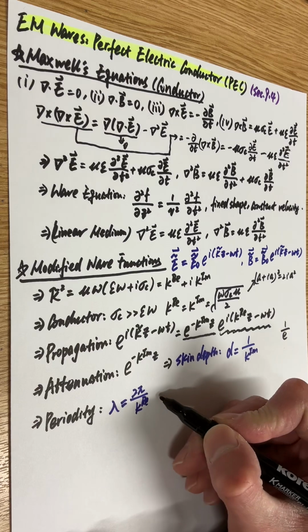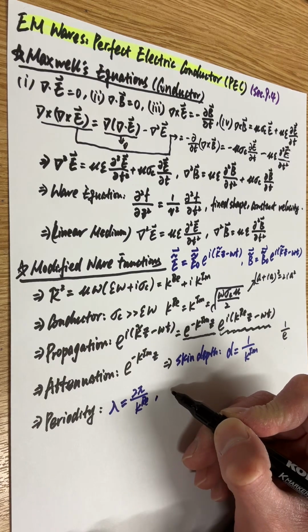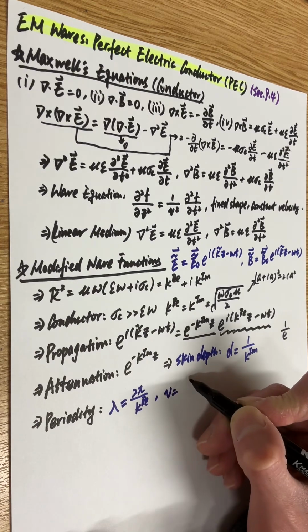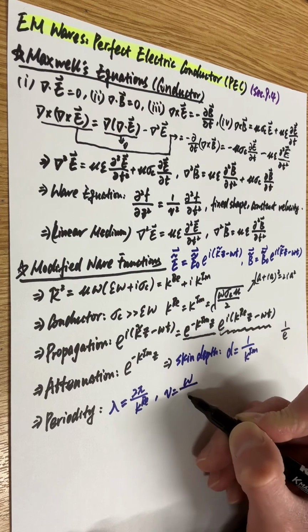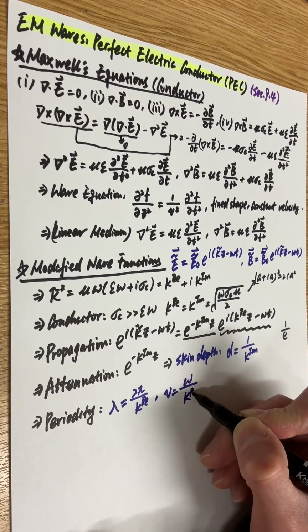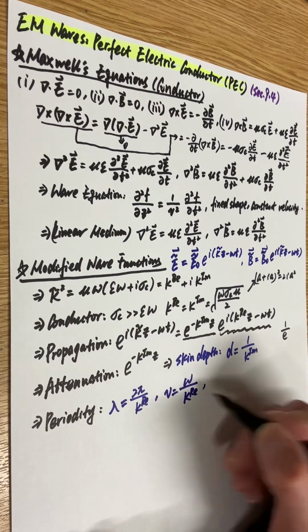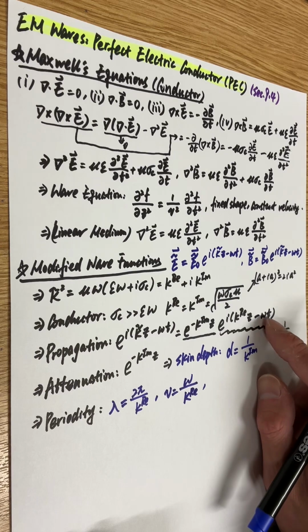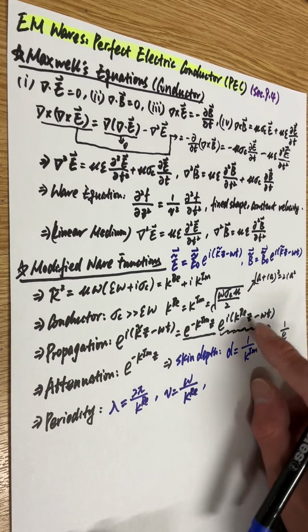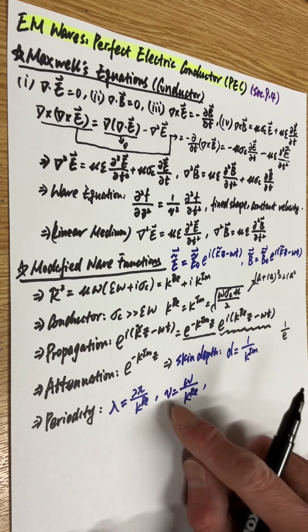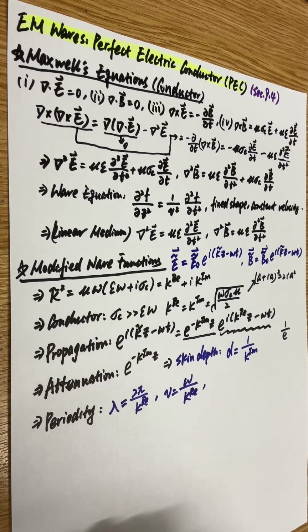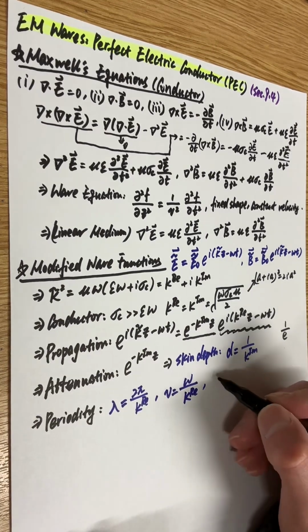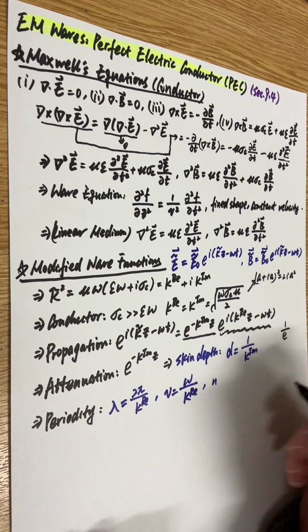And also the velocity equals the angular frequency divided by the real part of kappa. So here omega equals the real part multiplied by the speed of wave propagation. And then we also have the index of refraction.